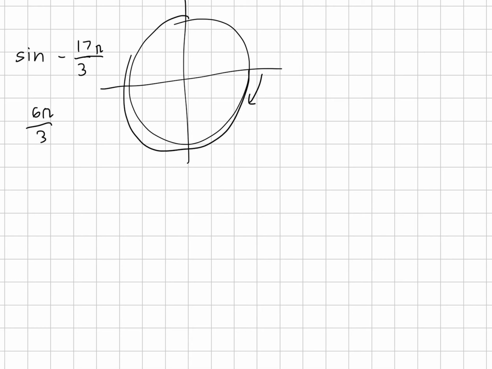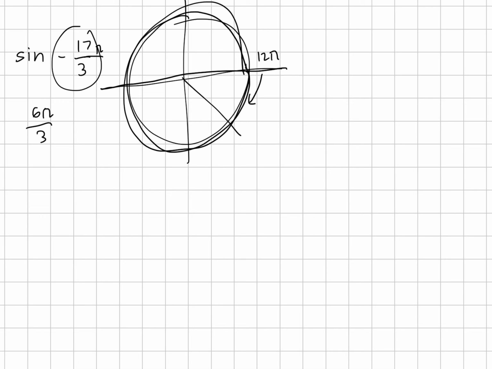So one circle would be 6 pi over 3, and another would be 12 pi over 3. But it's asking for 17, so you're at 12 right now, and then you count by 3s: 13, 14, 15, 16, 17. So it would be right here, and it would be 1/2, and then square root of 3 over 2.